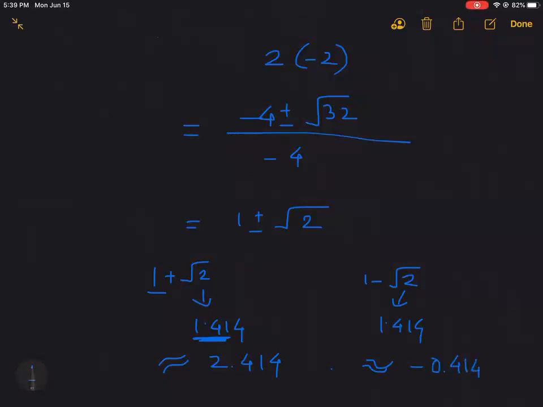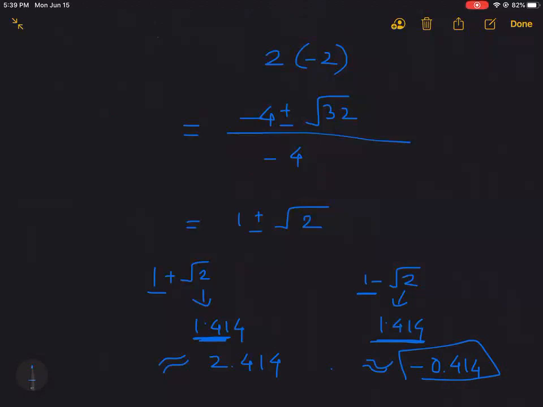You are subtracting 1.414 from 1. So these are the x-intercepts.